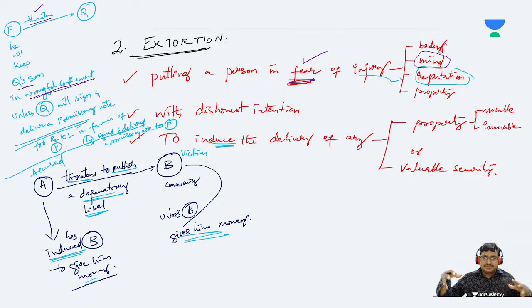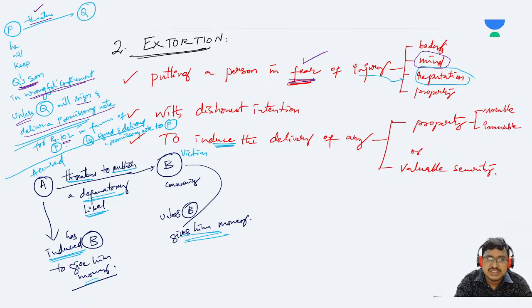Now, the wrongful confinement of Mr. Q's son: here, putting a person in fear of injury to the body, mind, reputation or property of the victim or any other person. Here, the victim's son is wrongfully confined by Mr. P. Mr. P has put a condition that Q will sign and deliver a promissory note for 10 lakh rupees.